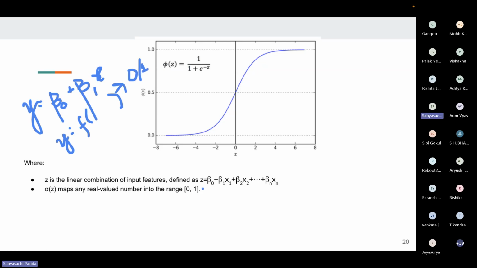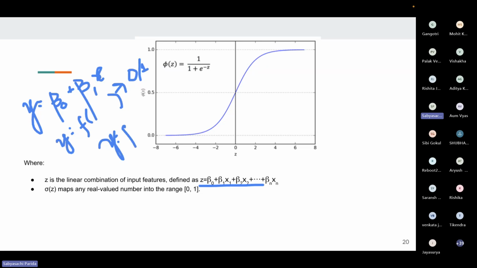Okay, so this is the formula for the logistic regression, which is the same as you see for the linear regression, where z is equal to beta naught plus beta 1 x plus so on. It has a linear combination of all those variables, and it goes into z. And what I'm trying to do is y is equal to f of z.